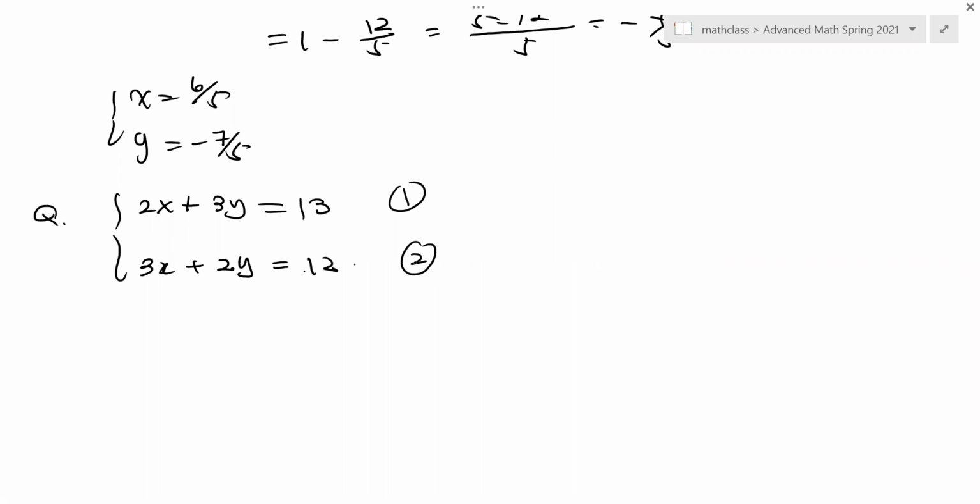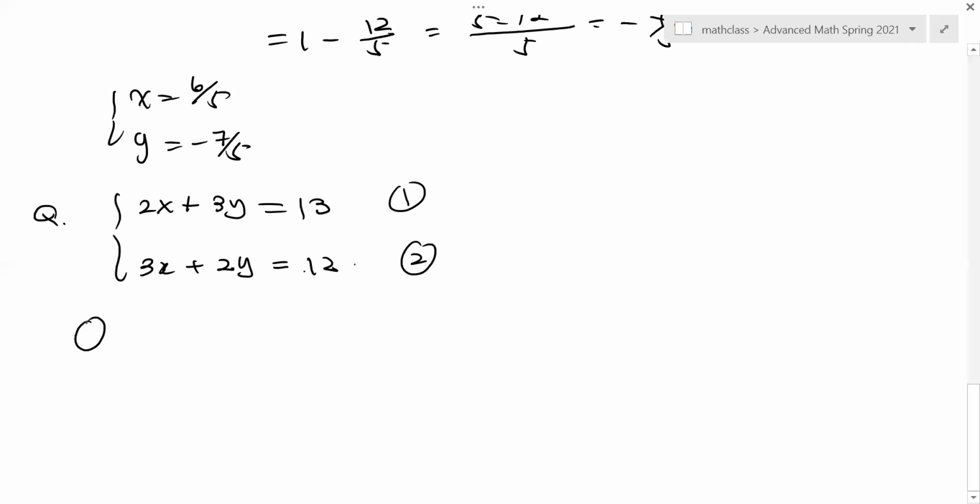Now, if you use either method, you will get a fraction. I don't like fractions. Fractions are complicated, and it's easy to make mistakes. If you use substitution, you have to solve for y or x from the first equation. When you involve fractions, it's getting complicated. If you use the elimination method, I cannot eliminate the variable immediately. But that's okay.